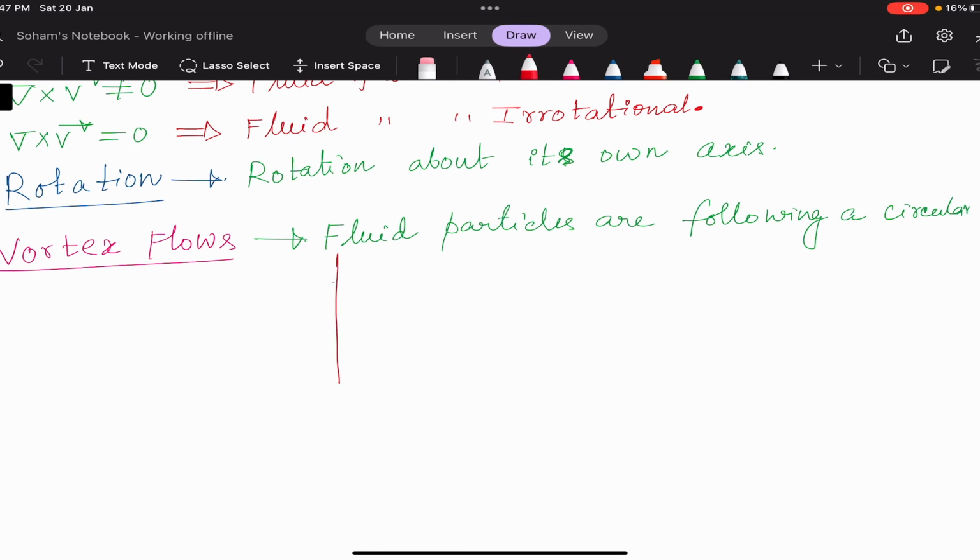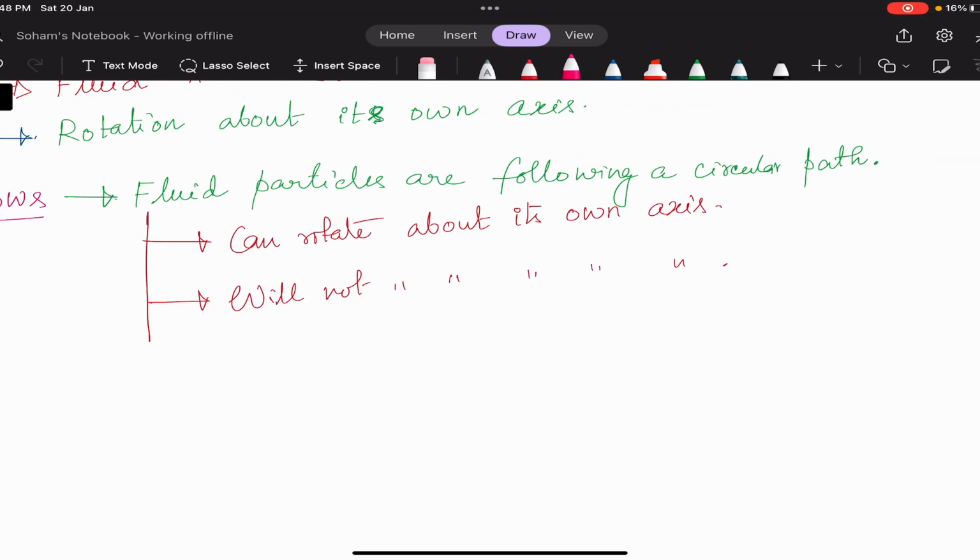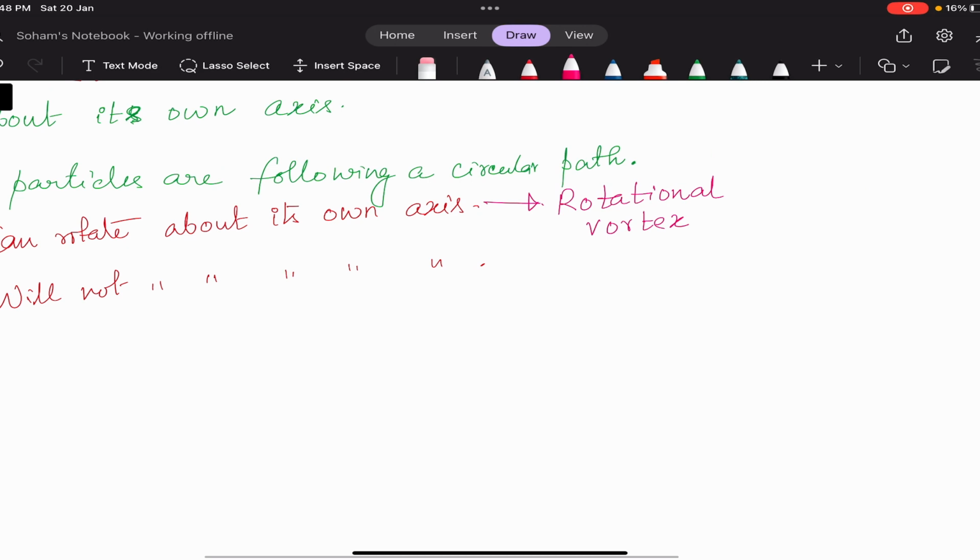Okay, now if the fluid particles are following a circular path, then it has two options. One option is it can rotate about its own axis. The next option is it will not rotate about its own axis. If this is the case, the first one, then it will be called a rotational vortex, or what we call a forced vortex, extremely sorry, forced vortex.